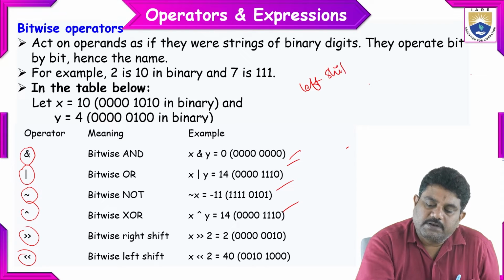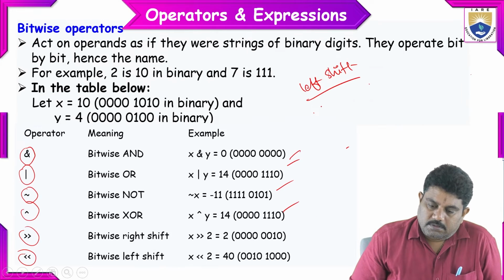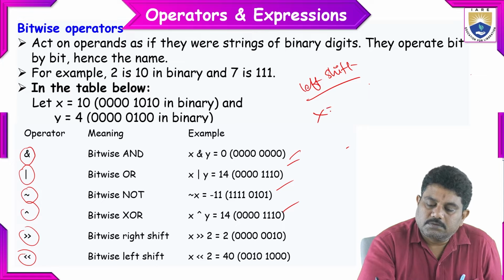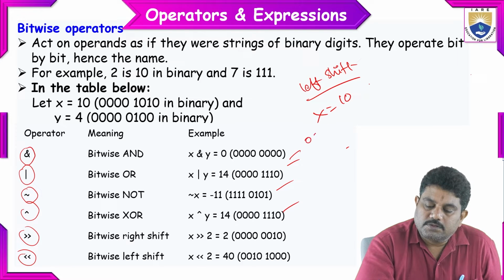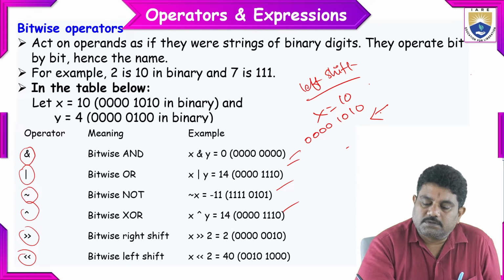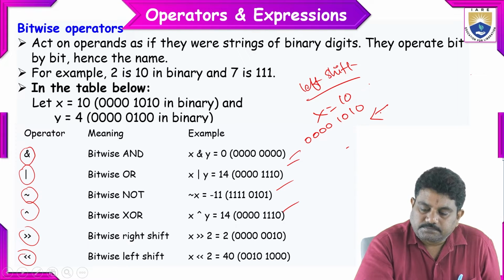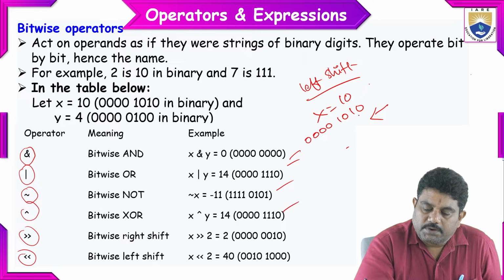Now we will see left shift. It means you have to shift to the left side. The same, x equal to 10, 0, 0, 0, 0, 1, 0, 1, 0. Now left shift, so move this side, move with 0. What happened? 0, 0, 1, 0. Okay?